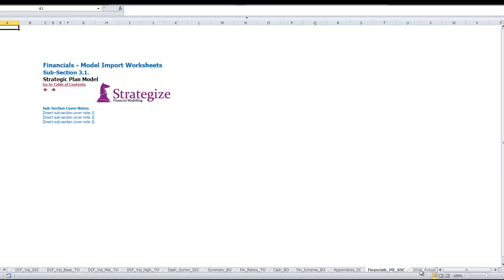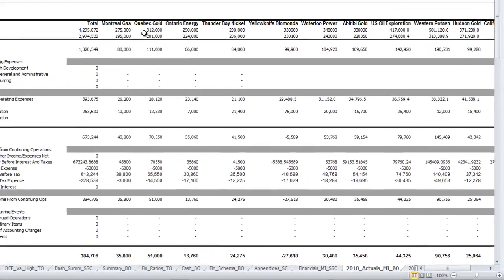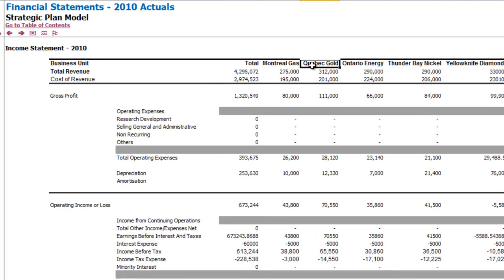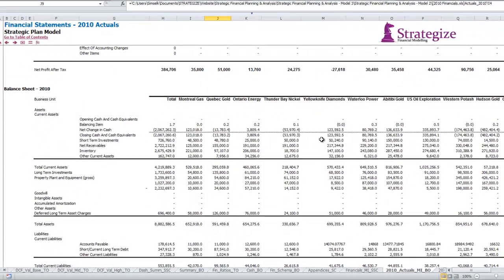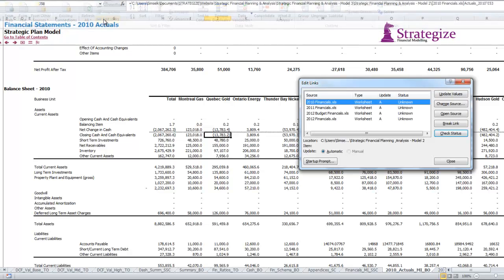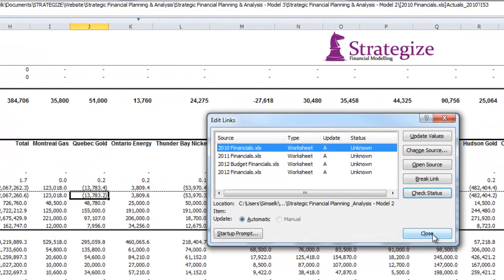As per my article, if we do have an update or recut of certain financial numbers, we can seamlessly update this model by going into the data edit links. For example, for the 2010 financial year, we'd be able to just update the financials to 2010, for example.